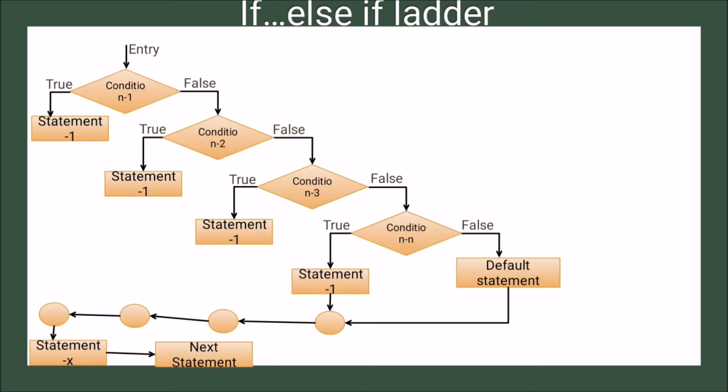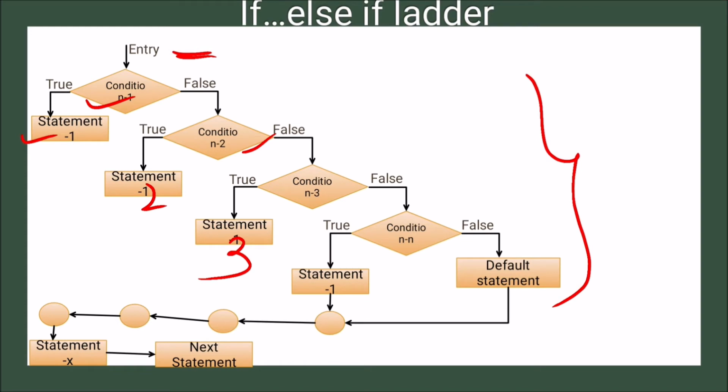Now this is the flow chart of how the if else if ladder is executed. This is the entry point, and this is condition 1. If it is true, it executes statement number 1. Then condition 2 is checked. If it is true, statement number 2 is executed. If condition 1 is false, it goes to condition 2. If condition 2 is false, it goes to condition 3, and if that is true, it executes statement number 3.